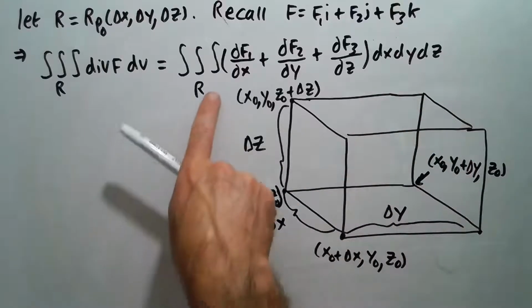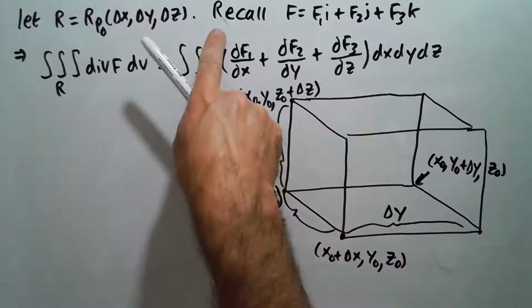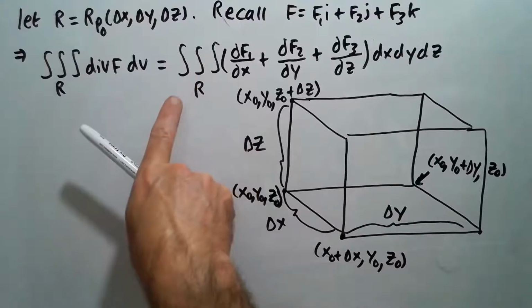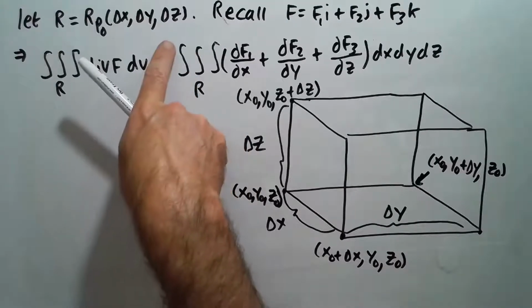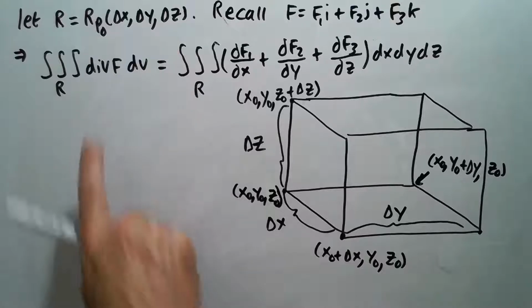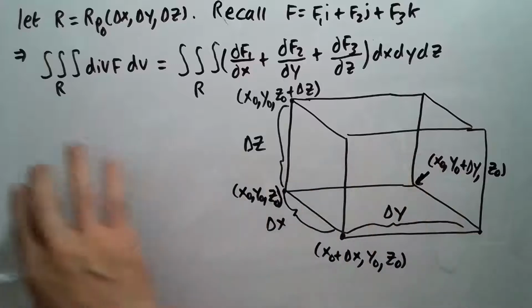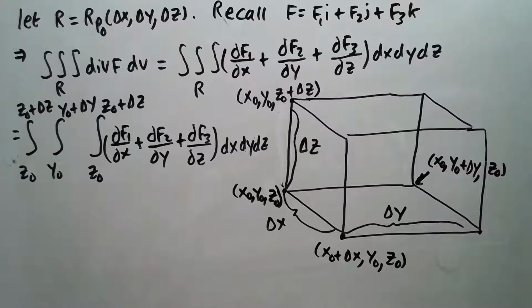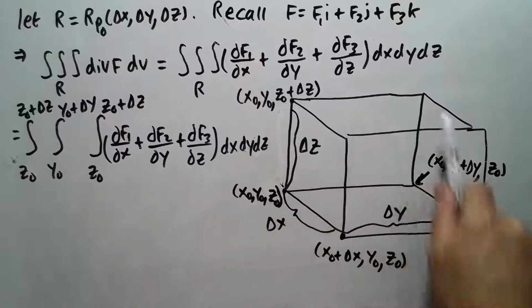So let me put the limits here. It's going to be x0 to x0 plus delta x, y0 to y0 plus delta y, and z0 to z0 plus delta z. So let me erase this box now and I'm going to write it down here. Okay, so I put the limits on here. I still have the box here.